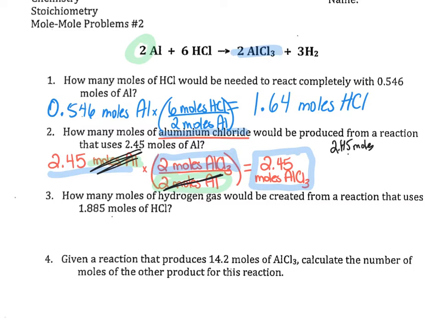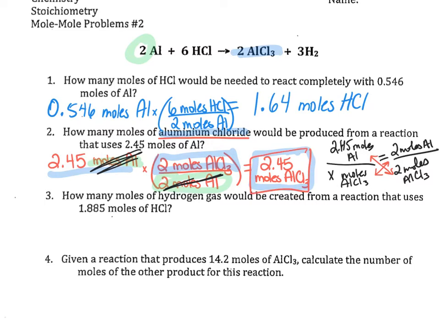2.45 moles of aluminum, and we want to know how many moles of aluminum chloride we would get, and this we can set equal to the ratio we know of 2 moles of aluminum producing 2 moles of aluminum chloride, and we can still do our method of cross multiplying and then solving for x, and we would get the same answer here.